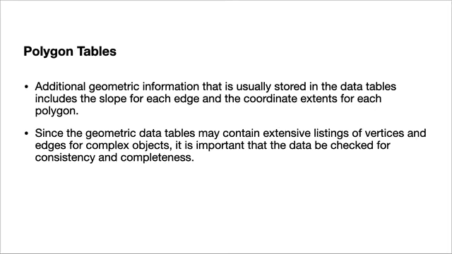There will be many vertices, many edges. So it is likely to have errors in the data table. So it is always important to check the data for consistency and completeness. So that's polygon tables.